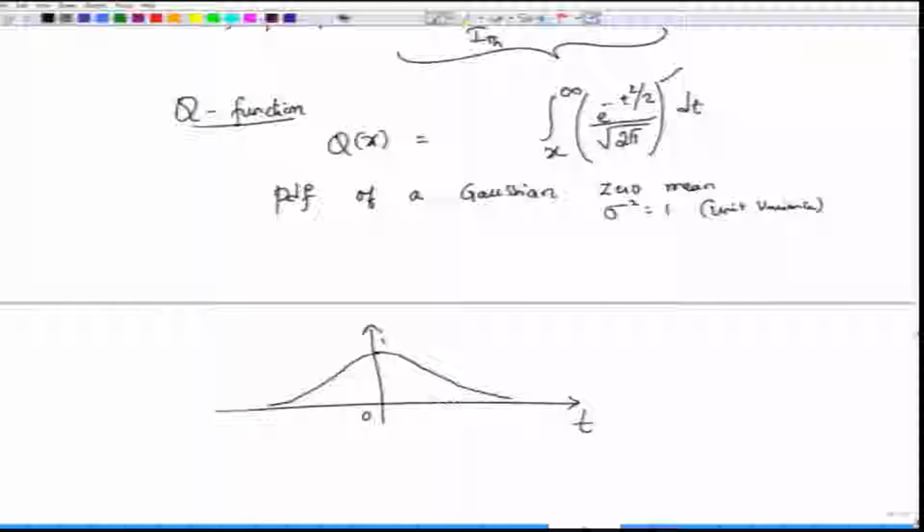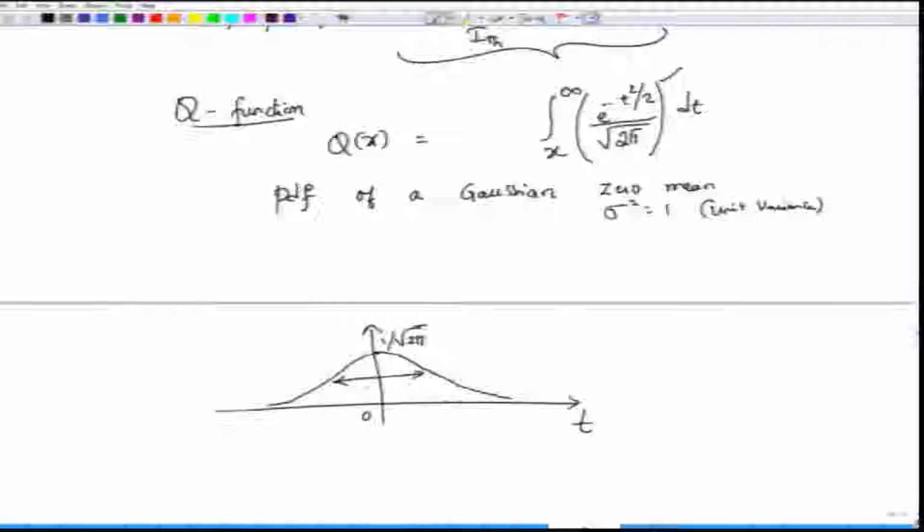The variance is actually related to the difference between the points where the function value drops to 1 by e of the peak, or e to the power minus 1 by 2 of something like that. It does not really matter. At t equal to 0, this has an amplitude of 1 by square root 2 pi, which I forgot to mention. So, if it drops to 1 by e of this value, that is essentially the variance of this one.